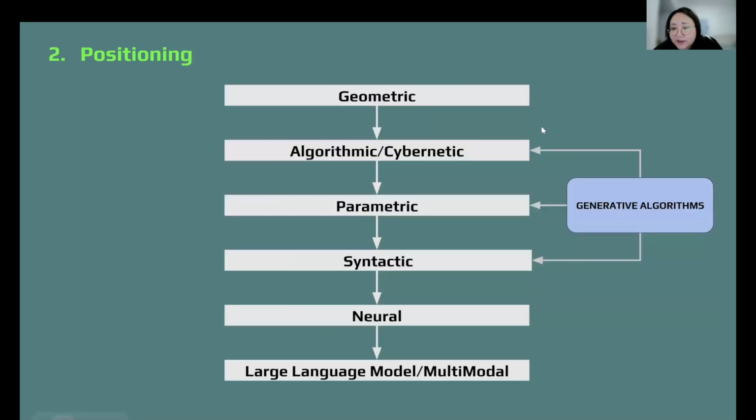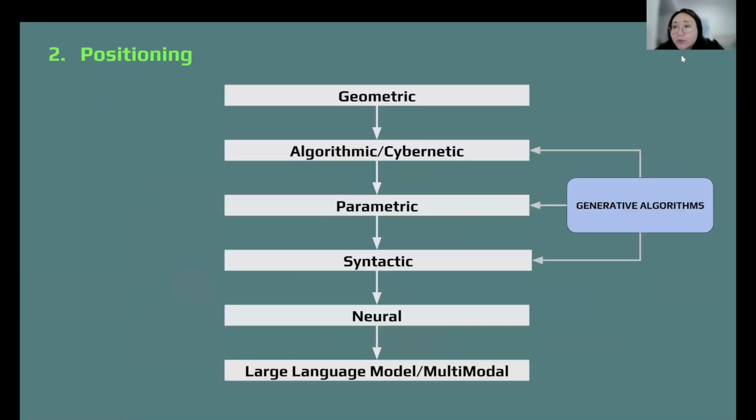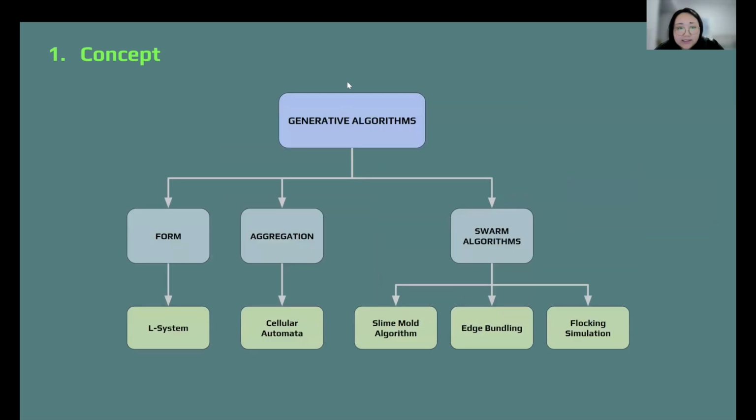And the generative algorithms we will be introducing today basically span from algorithmic to syntactic level. I classify some key algorithms for this part, like the L system, cellular automata, and slime mold algorithms, edge bundling, or flocking simulation.